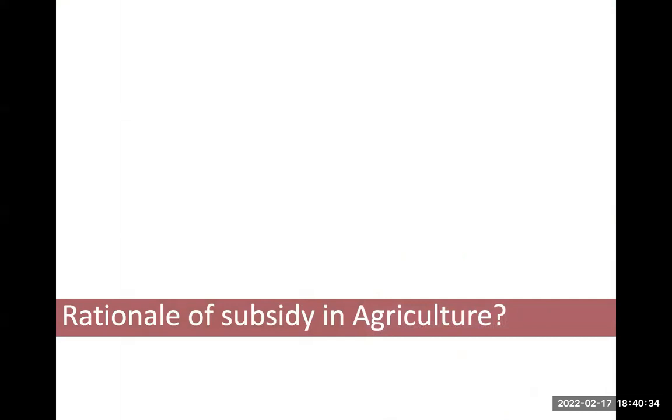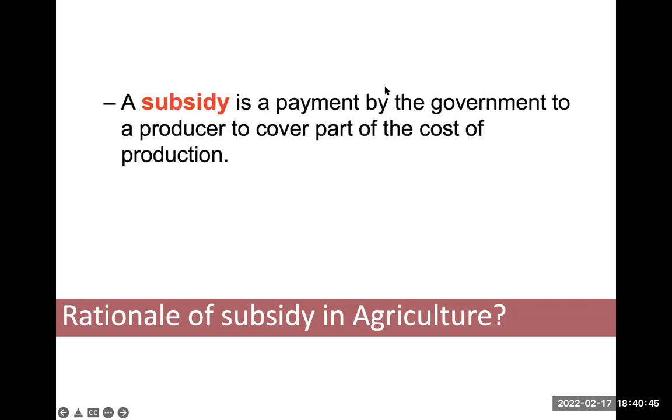If we use the agriculture sector as an example to show the rationale for subsidy, accordingly, we will say a subsidy is a payment by the government to a producer to cover part of the cost of production.